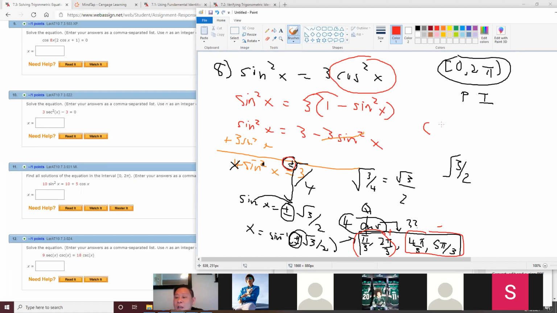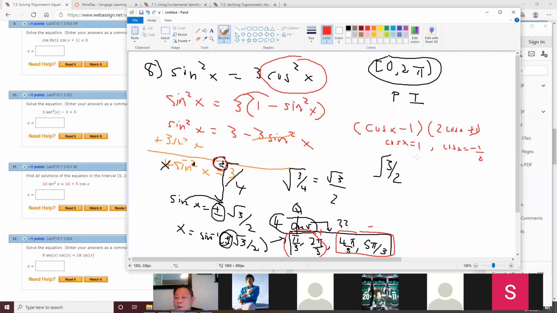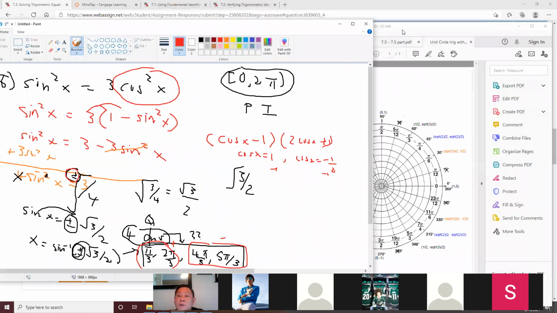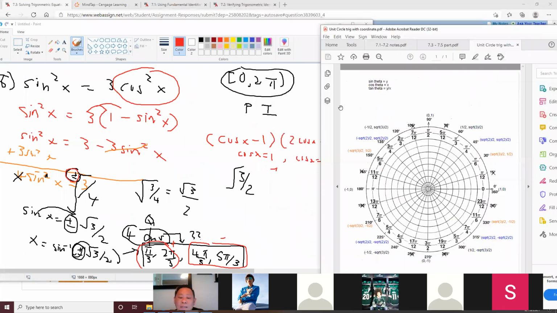Let's say your factors are cosine x minus 1 and 2 cosine x plus 1. Then cosine x in this case is 1, and cosine x in this case is negative 1/2. When you factor, you move the cosine over and take the arc cosine, and then you use your unit circle approach to figure out which angle gives that cosine.